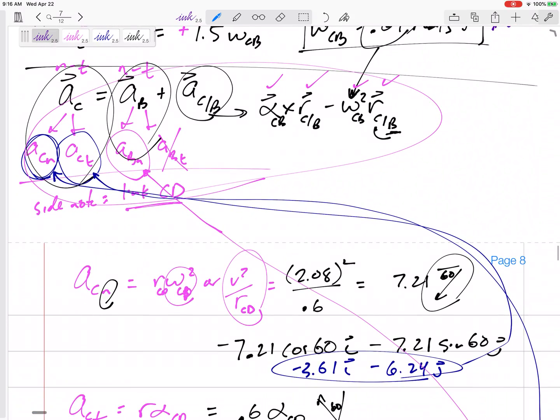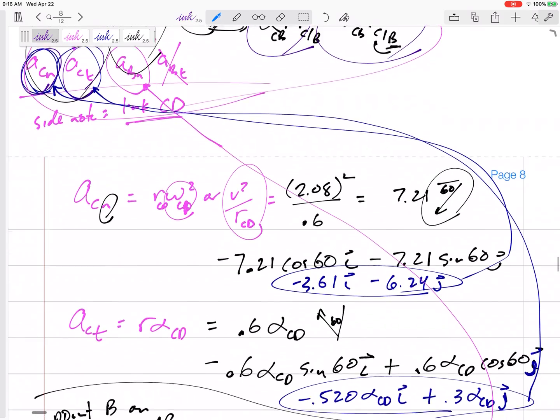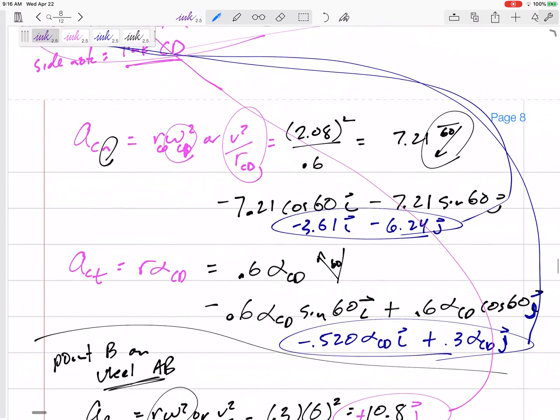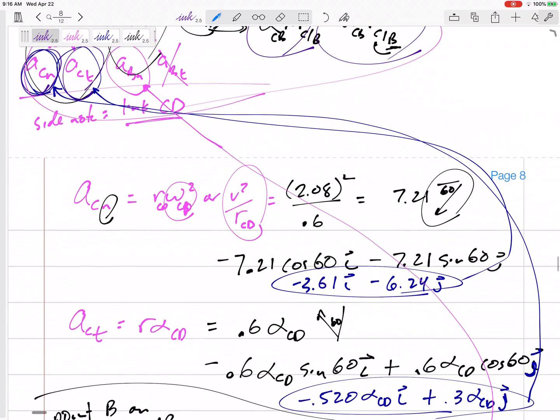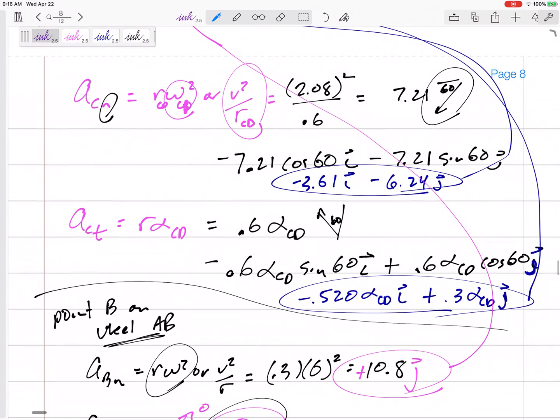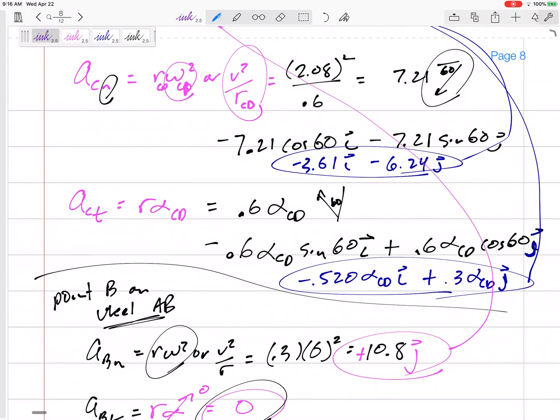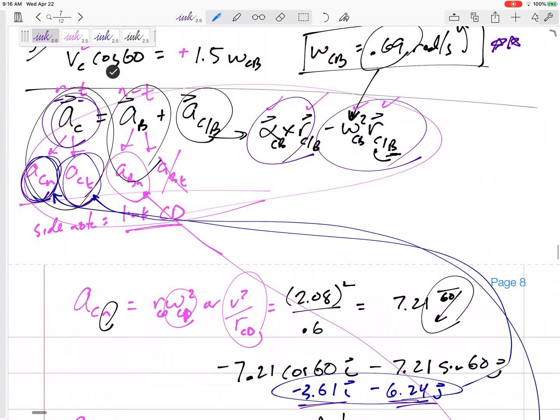Acceleration was a lot more tricky. First of all, you've got 2 things over here for your relative term. If they're normal and tangential, I can't forget about normal acceleration in addition to tangential acceleration. So I took a side note. I looked just at link CD to find the normal and tangential acceleration of point C, which was 4 terms. All these 4 terms are just the left-hand side of the equation.